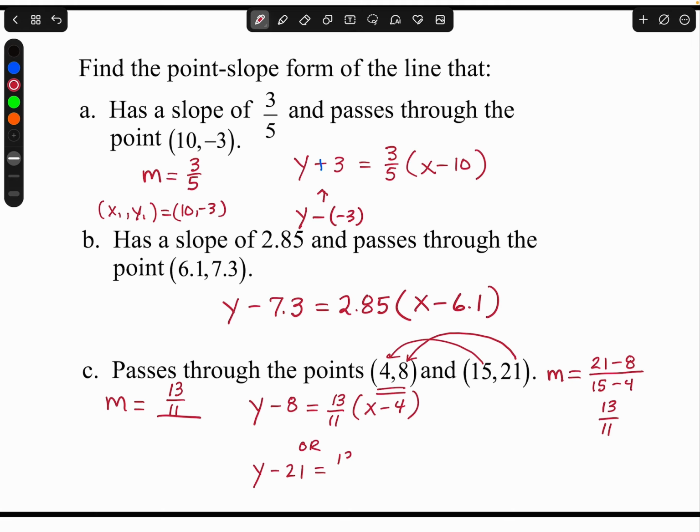Or we could say y minus 21 is equal to 13 elevenths times the quantity of x minus 15. If you simplify either of these to slope-intercept form, you will get the exact same equation. So remember, either point can be used.